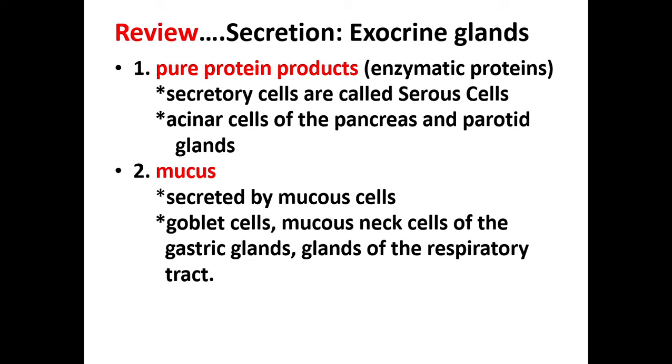Then the exocrine glands also release mucus, or they can also secrete mucous substances. These are best exemplified by goblet cells, mucous neck cells of the gastric glands, and glands of the respiratory tract.